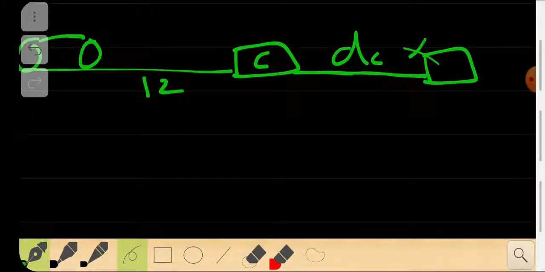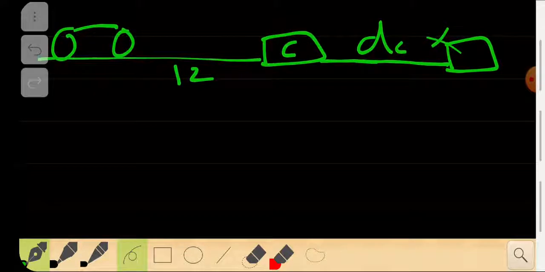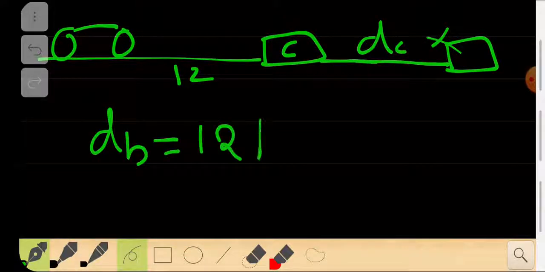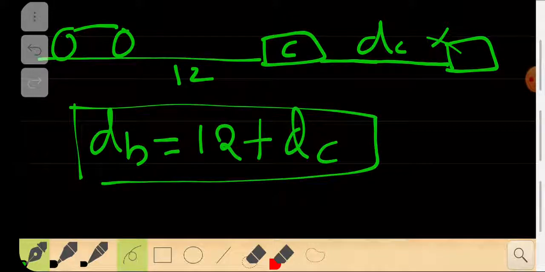So we can directly say that the distance of the bike will be equal to 12 plus the distance of the car. That's straightforward from the diagram itself.